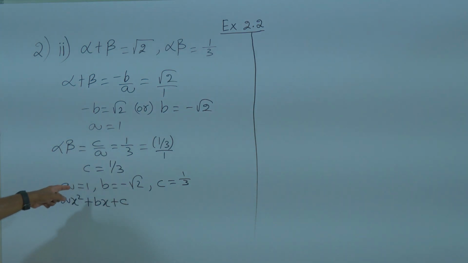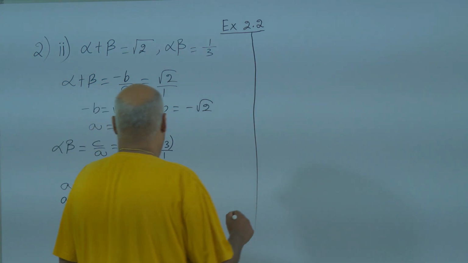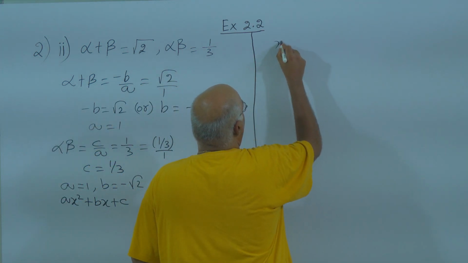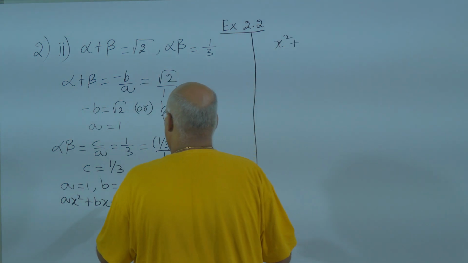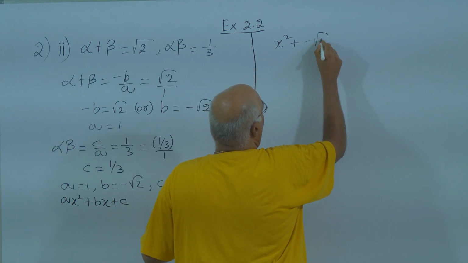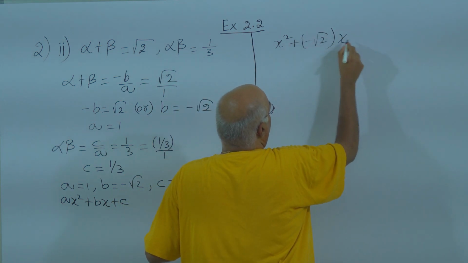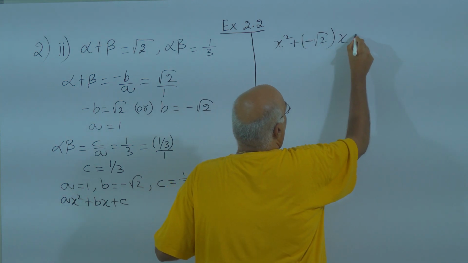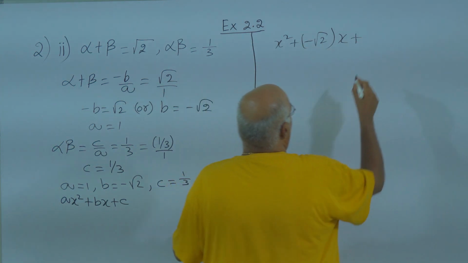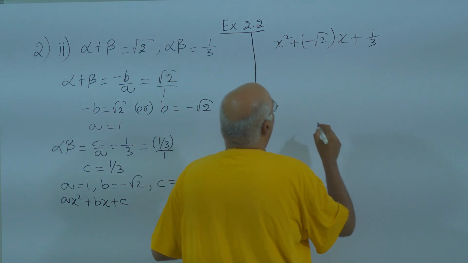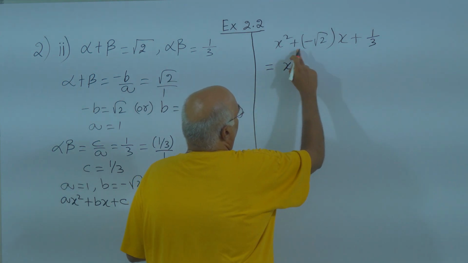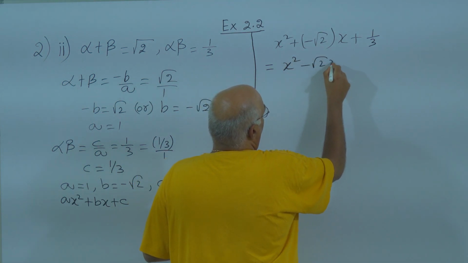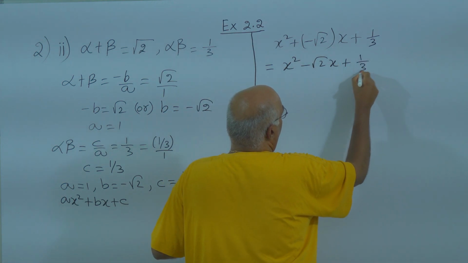If you substitute the values of a, b and c in the standard form, we will get ax square is nothing but x square, plus b into x, where the value of b is minus root 2, minus root 2 into x, plus c, which is equal to 1 by 3. If you solve this, we will get x square minus root 2 x plus 1 by 3.